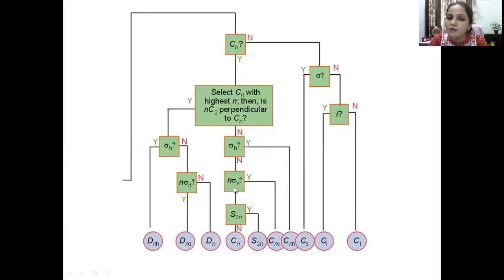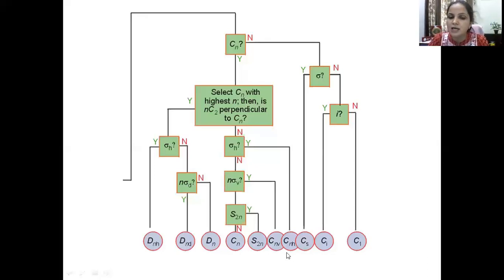And along with Cnv, if there is another S2n axis, then it will be assigned as Snh or Snv. And if there is no Cn, no Sn, then the point group is directly assigned as Cn.